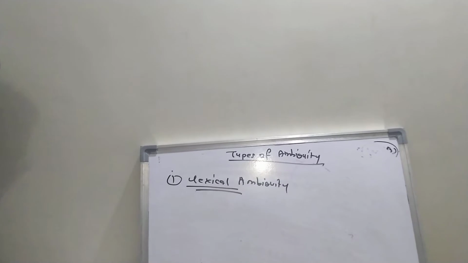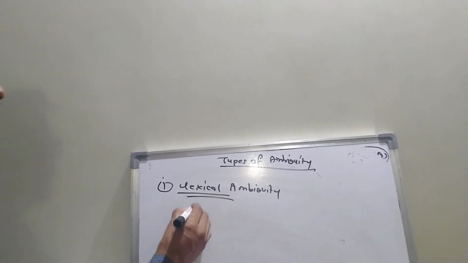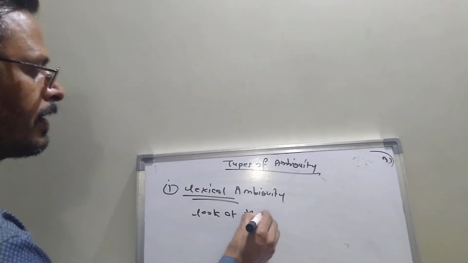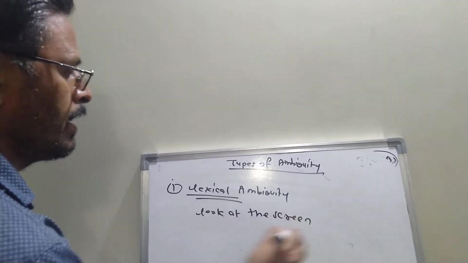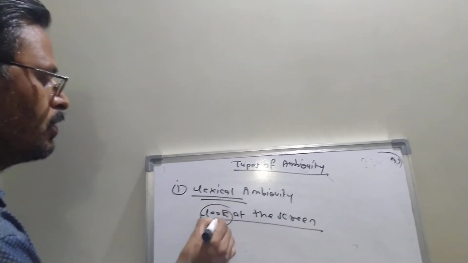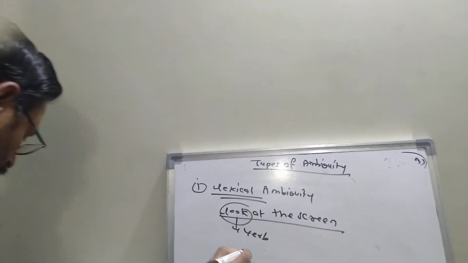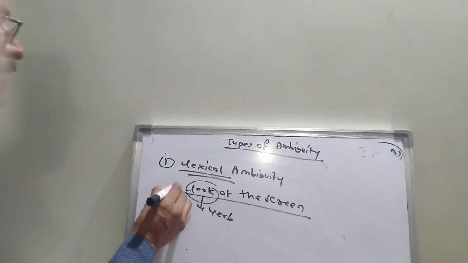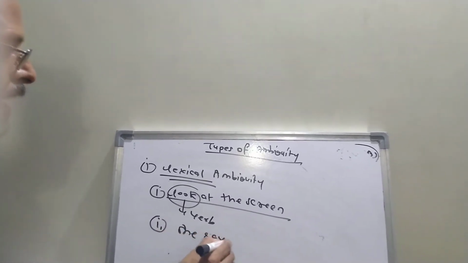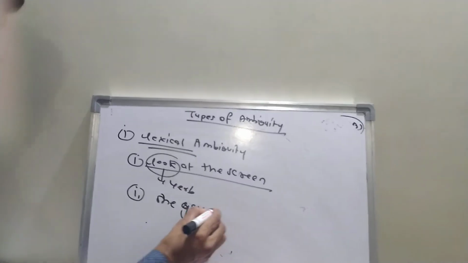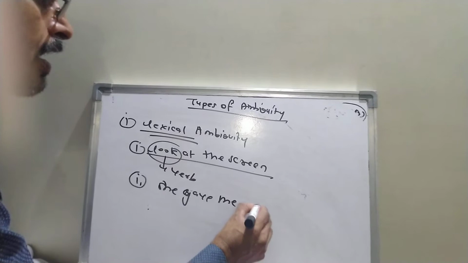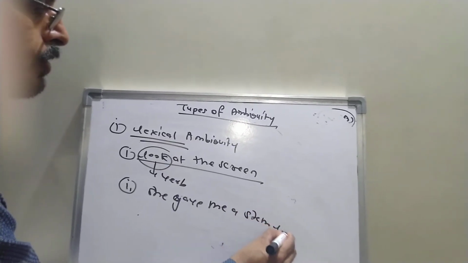That means there are different examples. For example, look at the screen. Here, look is a verb. Whereas in the second sentence, she gave me a stern look.